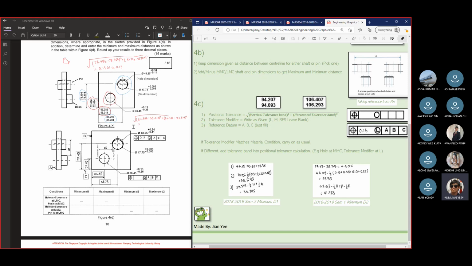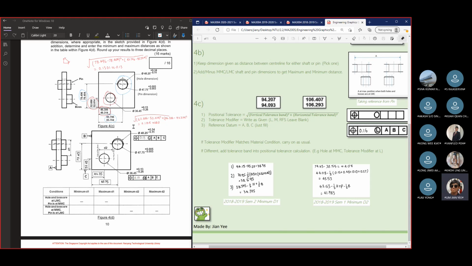If I'm not wrong, this should equal 0.1018. Then if you round off, it's 0.10. And that's how you get 6 marks for the last question. See? You can get 6 marks in around 5 minutes.